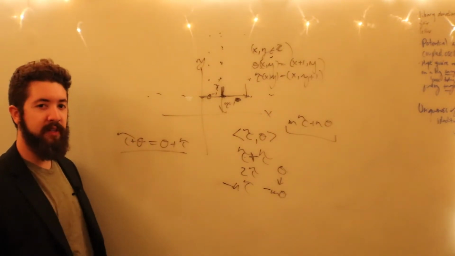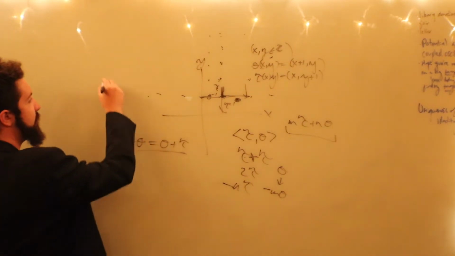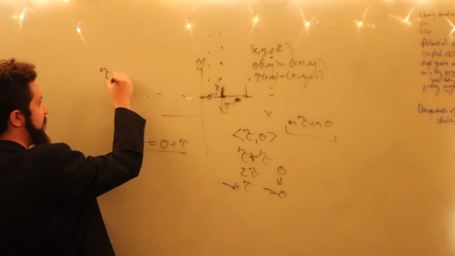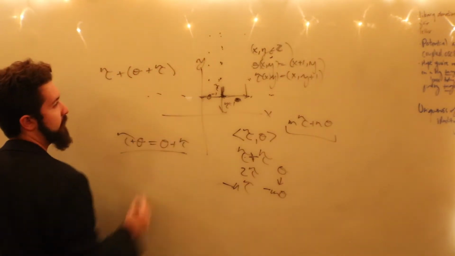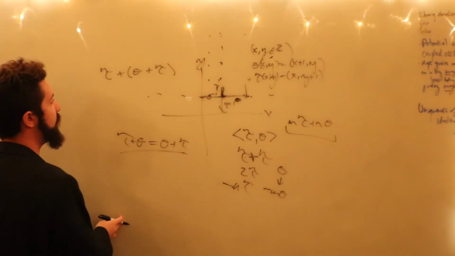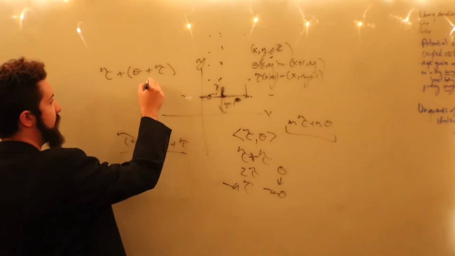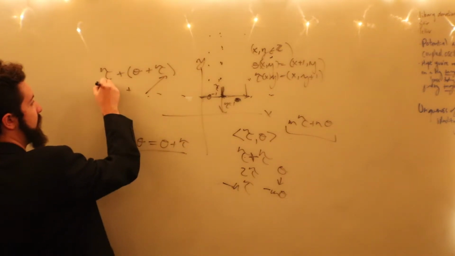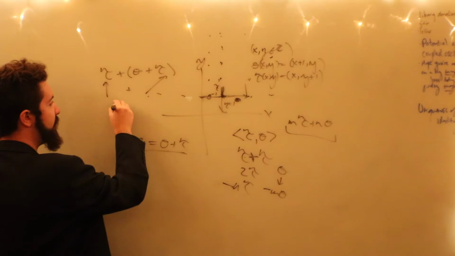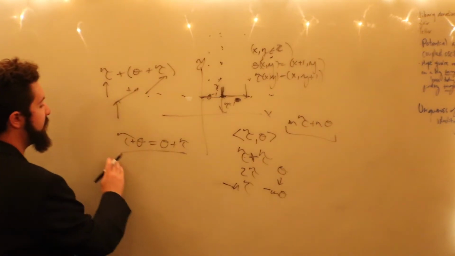All right, it should be fairly obvious that it's associative, because if you were to say take tau plus sigma plus tau, just for an example, this is going to give you a diagonal movement, and this is going to give you a vertical movement. And if you go vertical then diagonal, this is going to be the same.